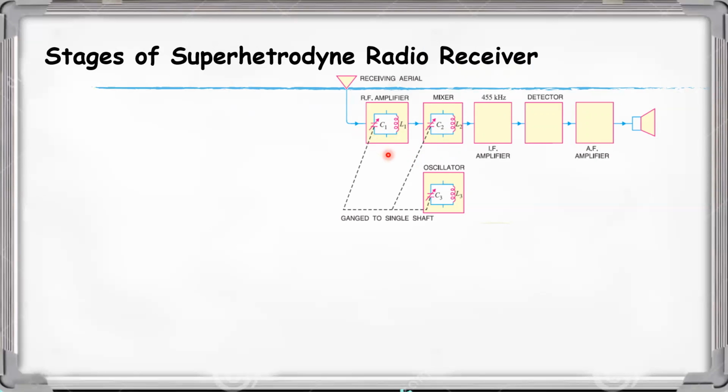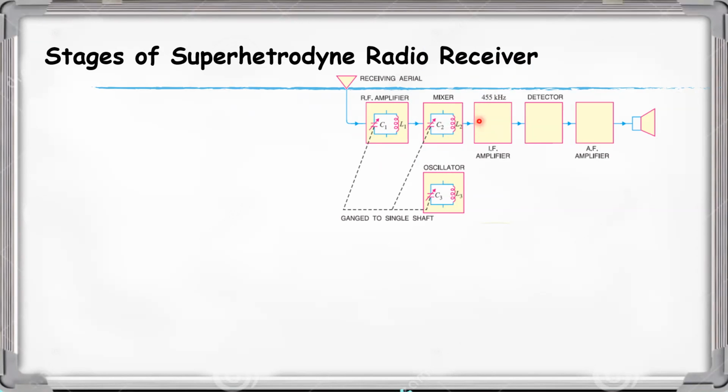It is a block diagram of a superheterodyne receiver. It contains an RF amplifier, mixer, and oscillator. These three together make up the superheterodyne principle, and the mixer gives an output of 455 kilohertz.